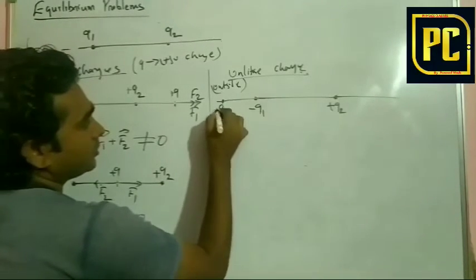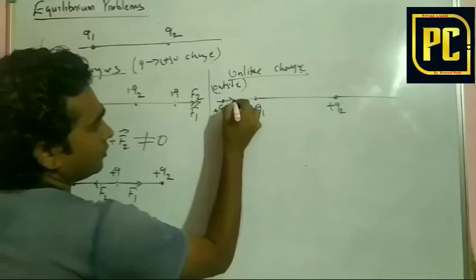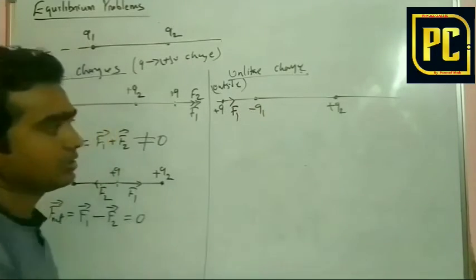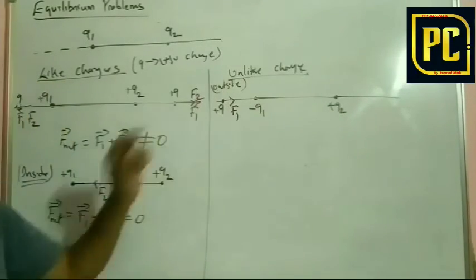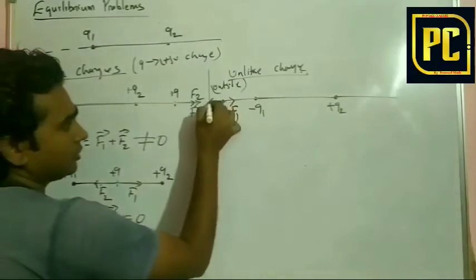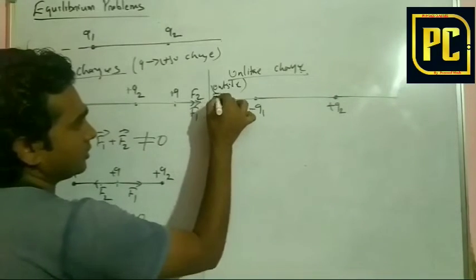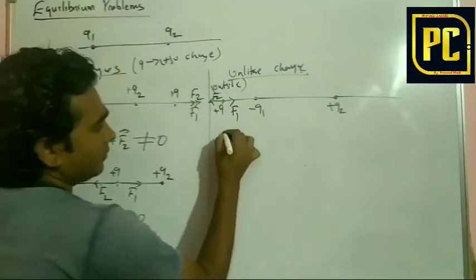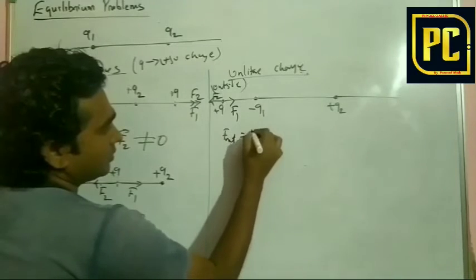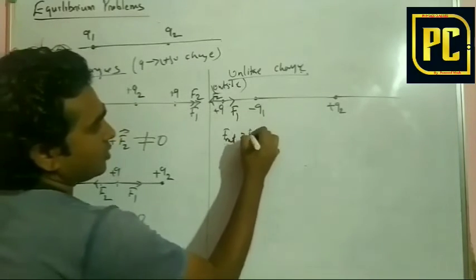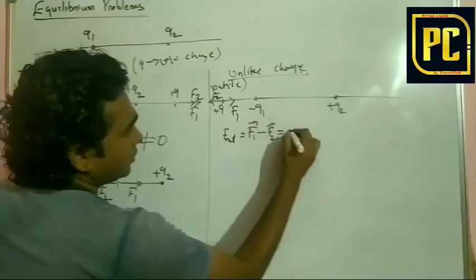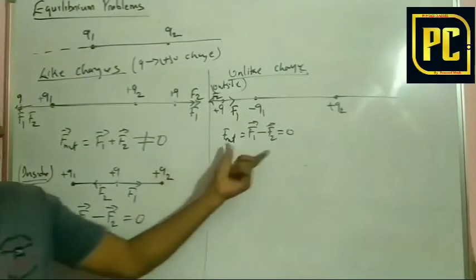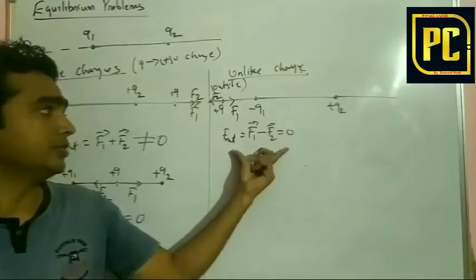Since this is negative and this is positive, the force will be somewhere like this, F1. And the force from the other charge will be like this, F2. So F net will be how much? If I take F1 to be positive, I have to take F2 to be negative.